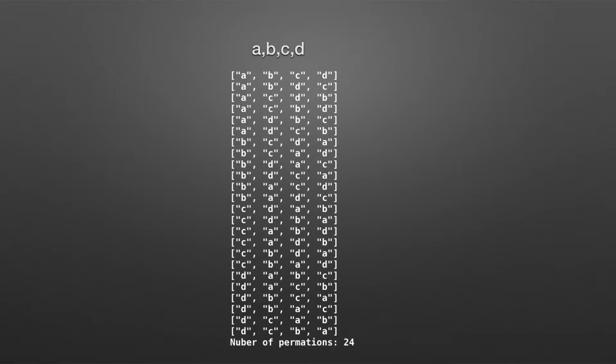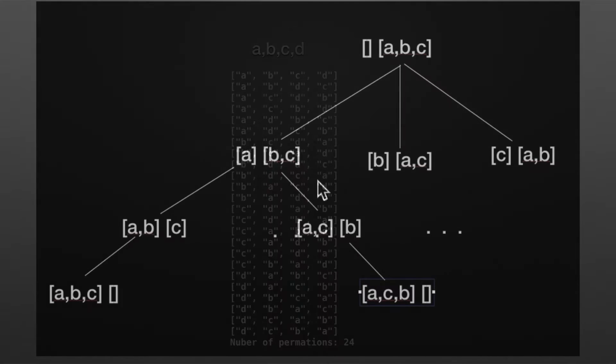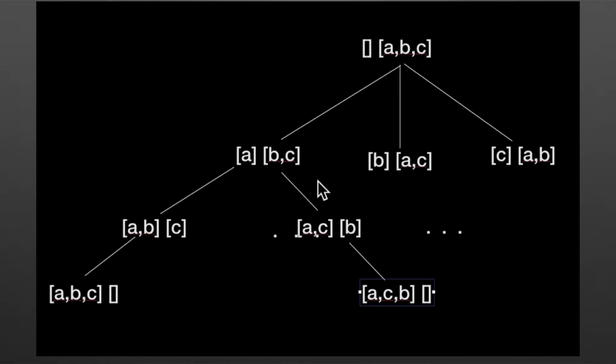Let's analyze the problem. If I have 2 arrays, one that I'm building, where I'm trying to find a permutation, and the original set, instead of ABCD, I reduced it to ABC for simplicity.